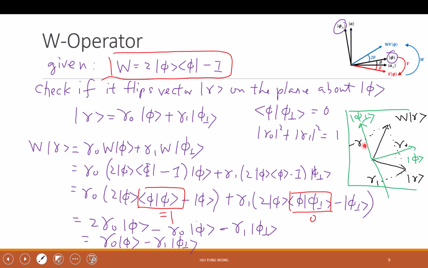Do not keep thinking that this is positive, gamma 1 can be negative. Then this becomes positive. The main point is that I flip about phi by applying W. Okay? Any questions?